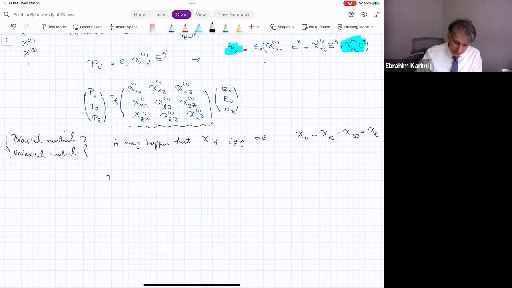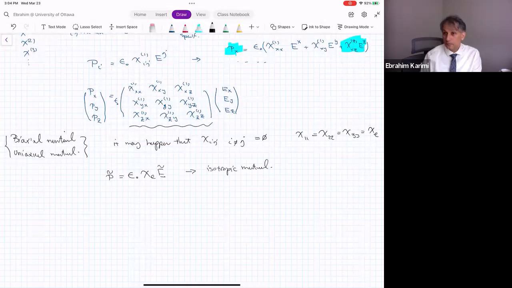Then P in that specific case is given by epsilon 0 chi E, which is what we call an isotropic material. A glass, for example, is an isotropic material. Within first approximation, air is also isotropic.